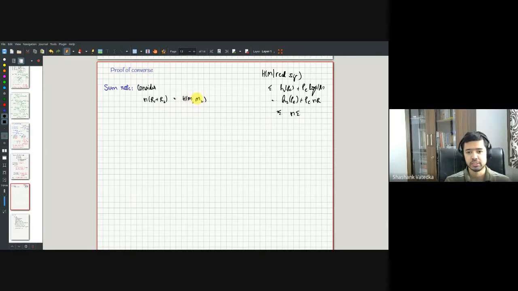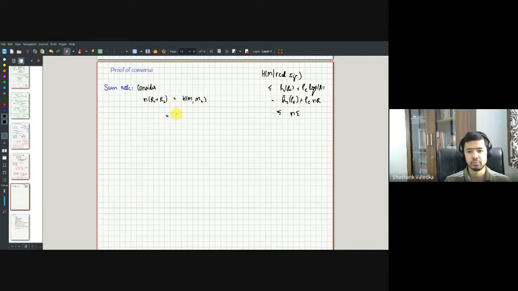The messages are independent of each other and uniformly distributed. Therefore, the entropy of M1, M2 is equal to n times R1 plus n times R2. Okay, so now we have this, and we want to bring in the received signal.